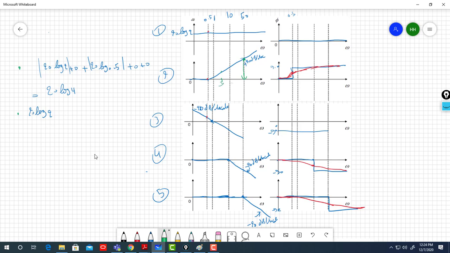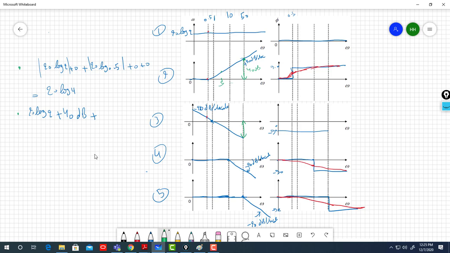Another decade, at 50, you should add more 20, so then it becomes 40 decibel. So then plus 40 decibel, plus how much is from here to here.